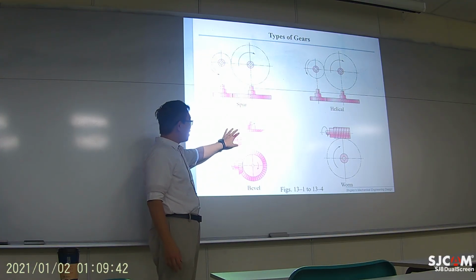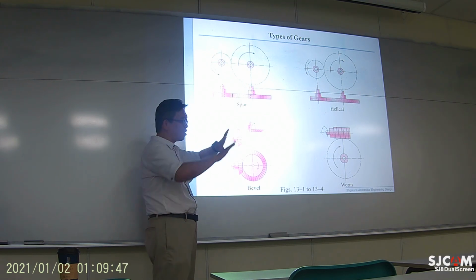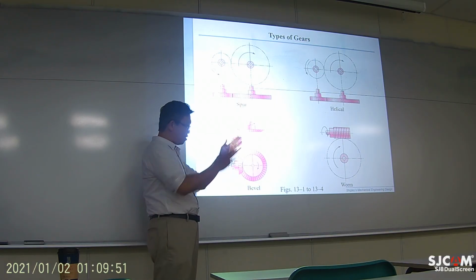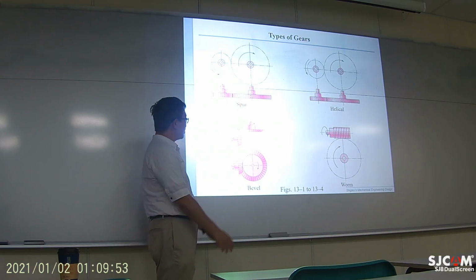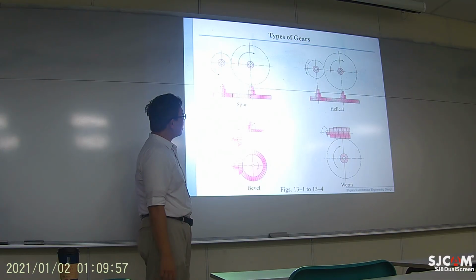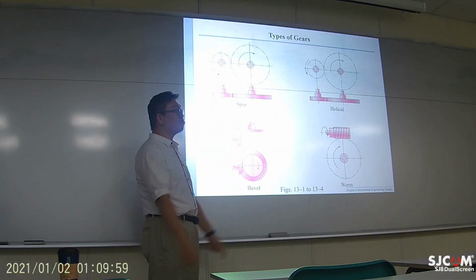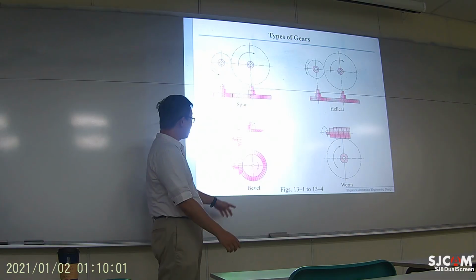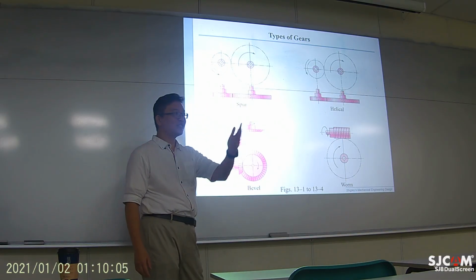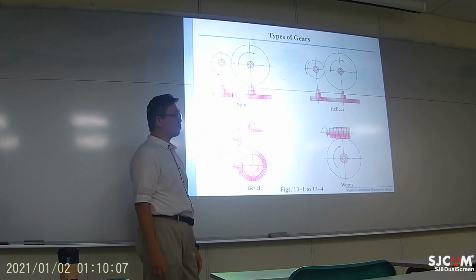So they are in the cone shape. The teeth are on the surface of the cone, and they are straight teeth along the direction of the cone. The most complex gear you can design would be bevel gear with helical teeth. Then it's very complex, especially how to manufacture it.